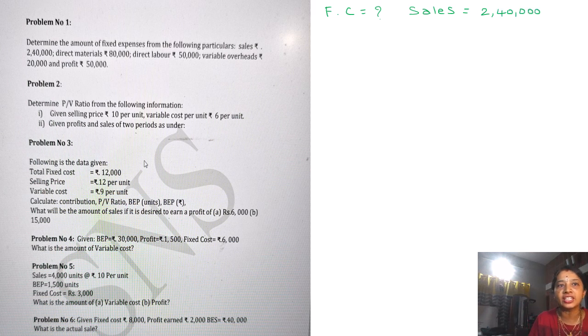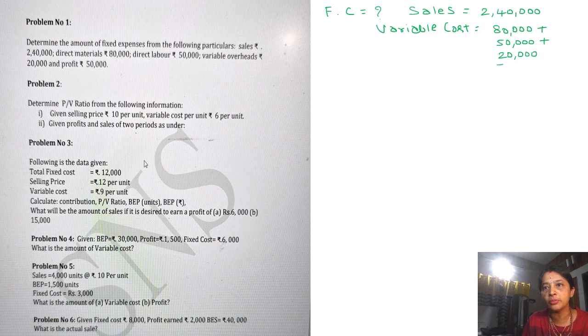Then they have given direct materials, direct labor, variable overheads. So variable cost is the total of all the three given in the question, which is direct materials 80,000 plus direct labor 50,000 plus variable overheads 20,000. So total variable cost is 1,50,000. This is your total variable cost.